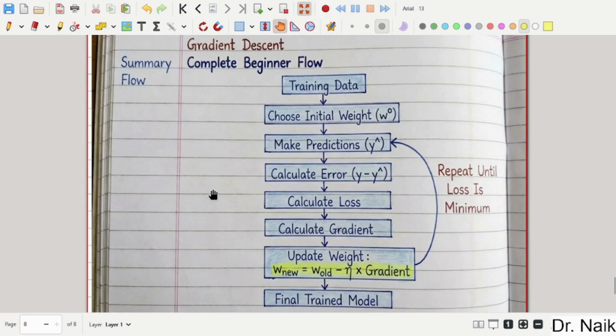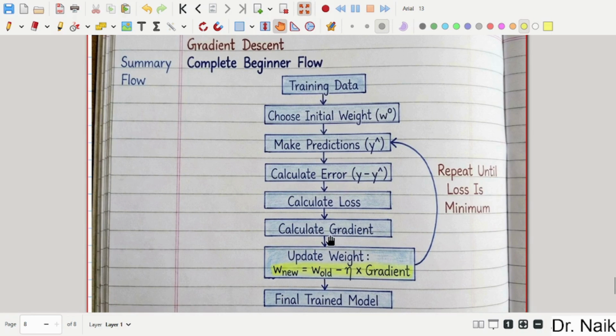Let us summarize the flow. Training data. Initially choose the weight, that is W superscript 0, and then make the prediction y hat. Then calculate the error y minus y hat, that is actual value minus the predicted value. Then calculate the loss.